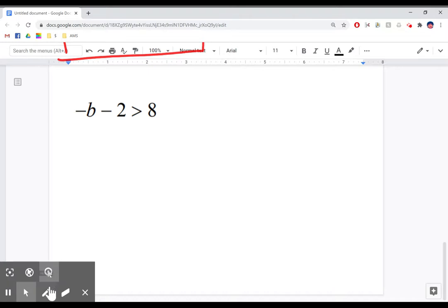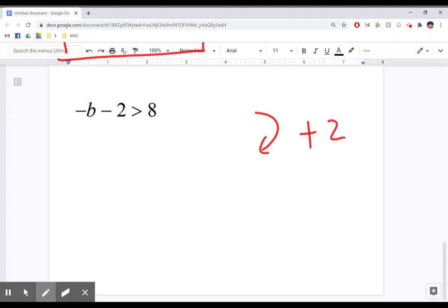And last one. Negative b minus 2 is greater than 8. I'm going to add 2 to both sides first. You get your negative b greater than 10. And then you have a negative b, which is negative 1 times b. So you can either multiply both sides by negative 1 or divide both sides by negative 1. I like to multiply.